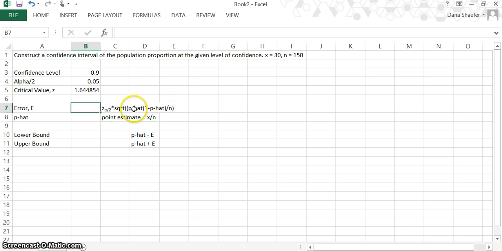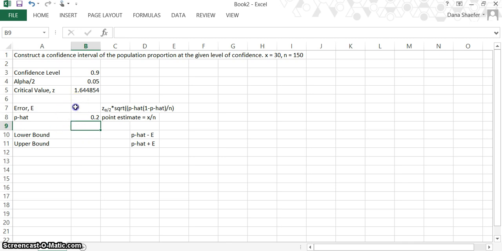This is the equation that I'm trying to put in this cell. The first thing that I need is p hat. So p hat is x divided by n. So we'll say equals 30 divided by 150. So there's our p hat.